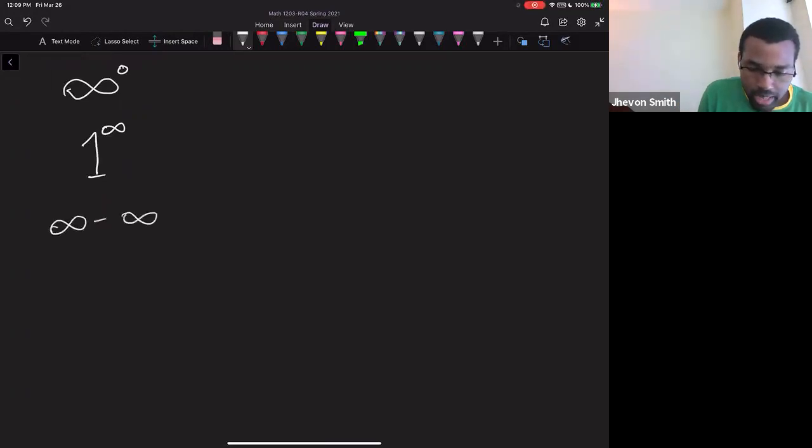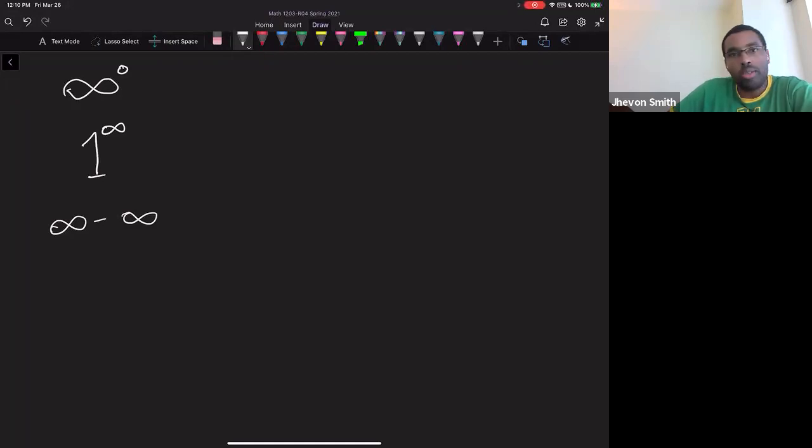Infinity minus infinity is another one, which some people find strange, but this is something that I brought up in my other class when we were discussing set theory. It turns out that there are different sizes of infinity. That's not always the case in the calculus context. Sometimes the infinities that we're dealing with are of the same size, but one function gets to infinity a lot quicker than the other, because one function might be an exponential while the other is a polynomial.